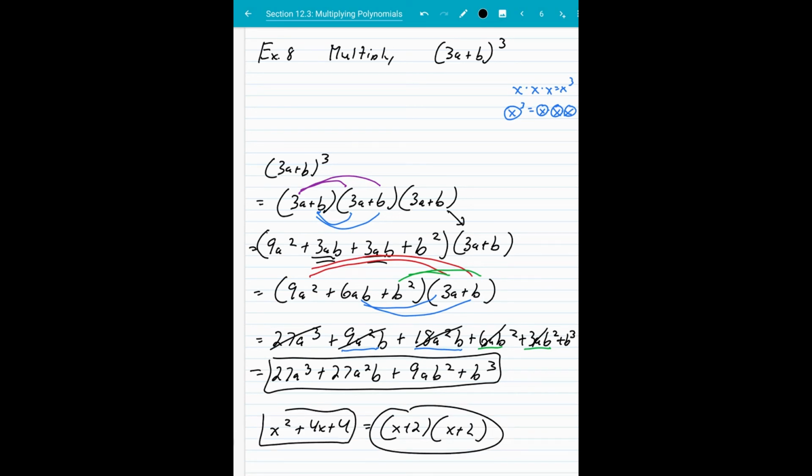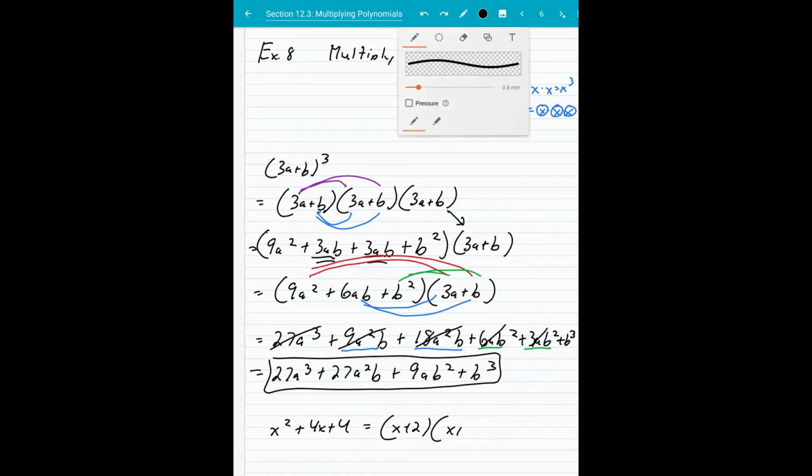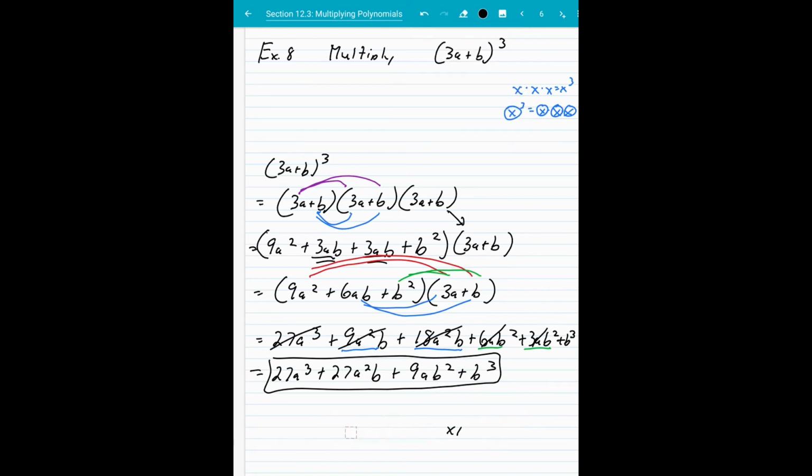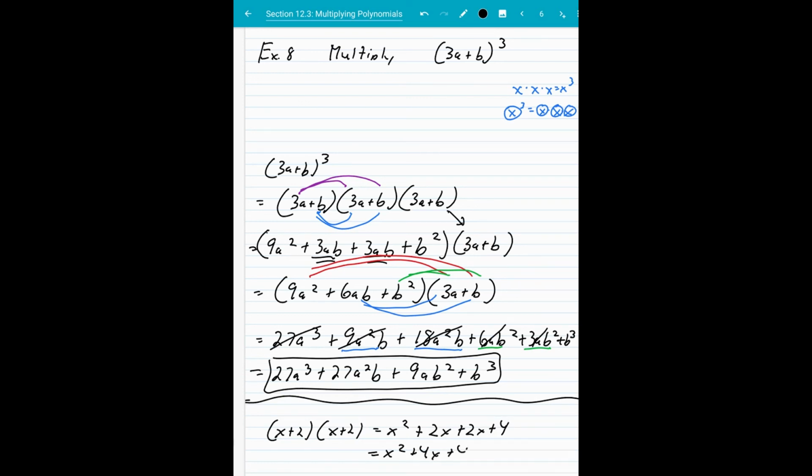So it's important to know the other way around. You got to know how to multiply forward, just like this, in order to do backwards in the next class.